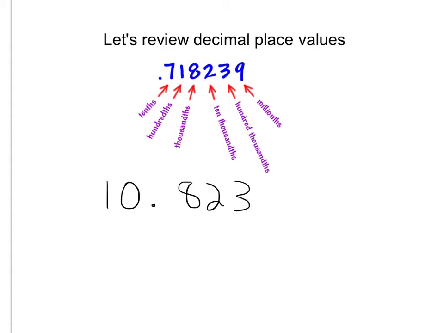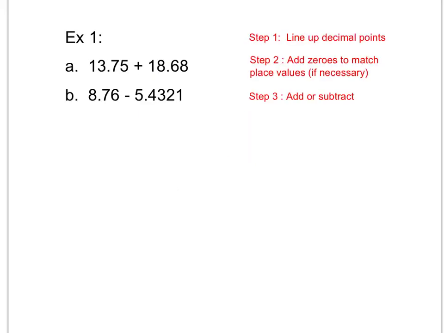Okay? And then a number like this, okay, this would be 121 and 3,294 10,000ths, because that fourth decimal place is the 10,000ths. Alright, again, that's a quick review. Let's go ahead and get into the adding and subtracting of these things.